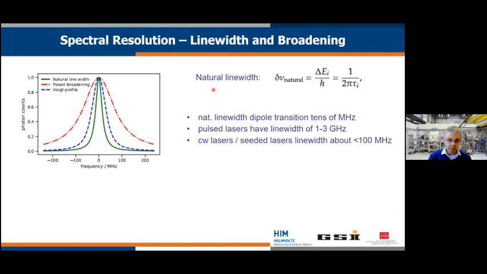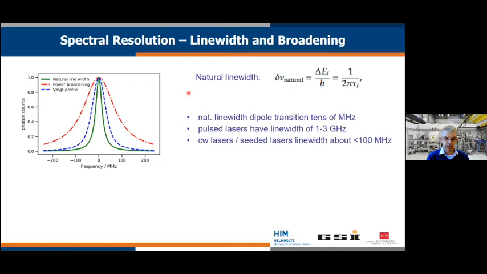If you have an allowed electric dipole transition and a typical atomic state with lifetimes on the order of 10 nanoseconds, then the line width that you would obtain is on the order of tens of megahertz approximately.